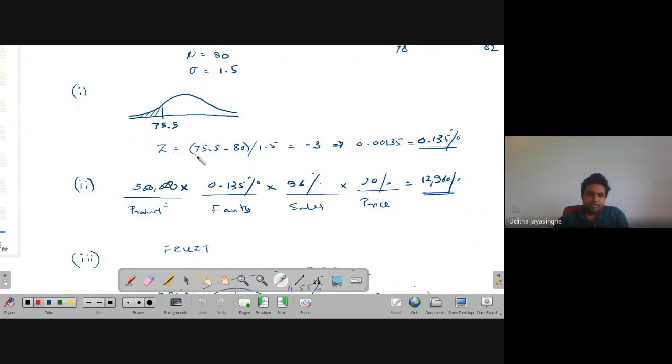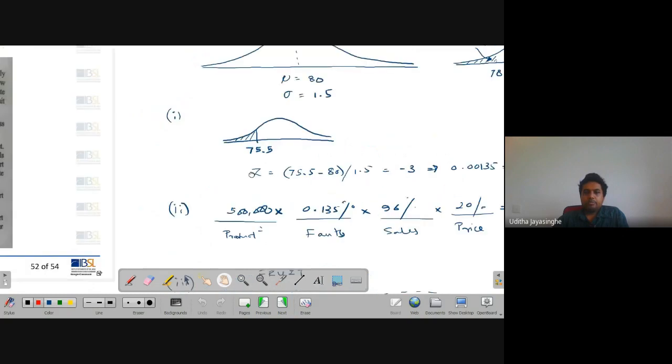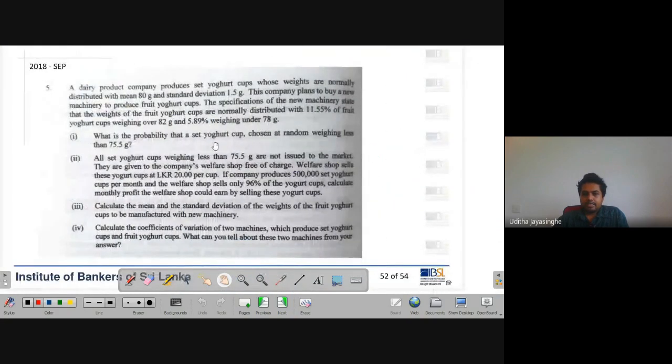Z is equal to 75.5 minus 80, where 80 is the average of the set yogurt machine, divided by 1.5 standard deviation. Z is negative 3 from the tables. My answer is 0.135% probability that a set yogurt cup chosen at random weighs less than 75.5.